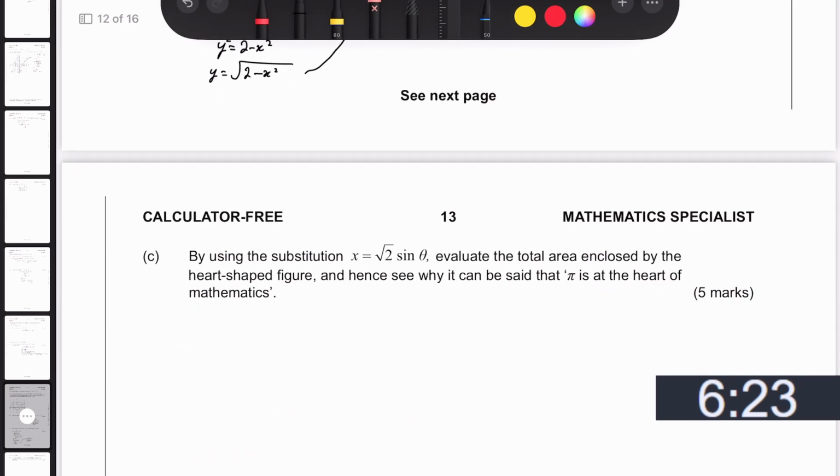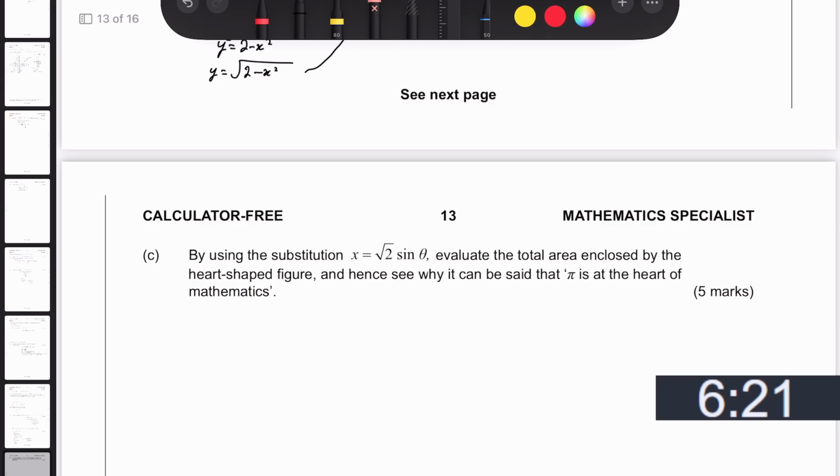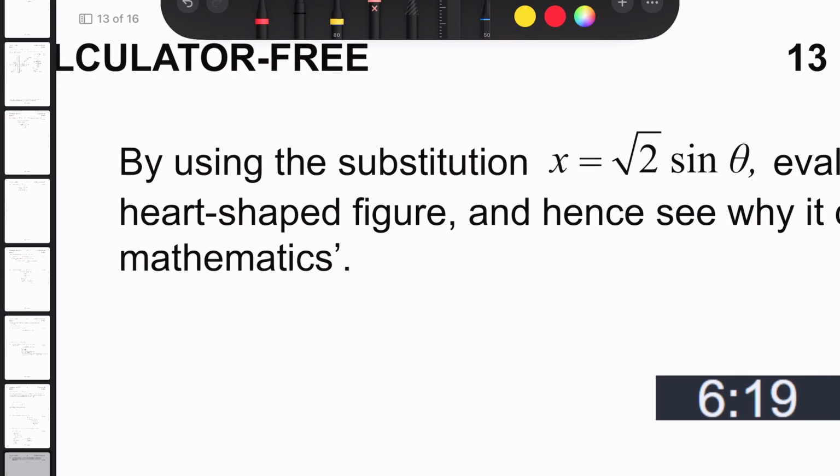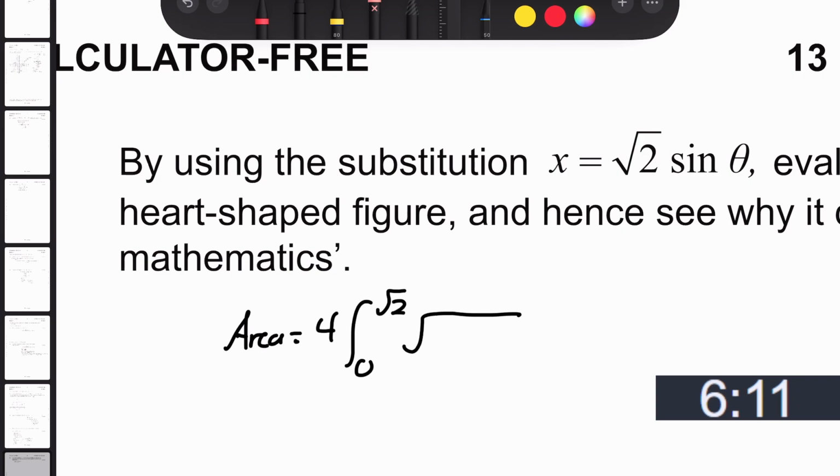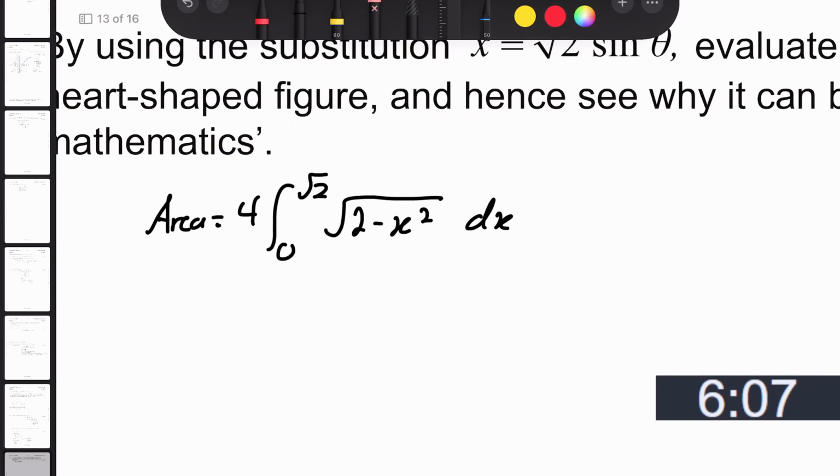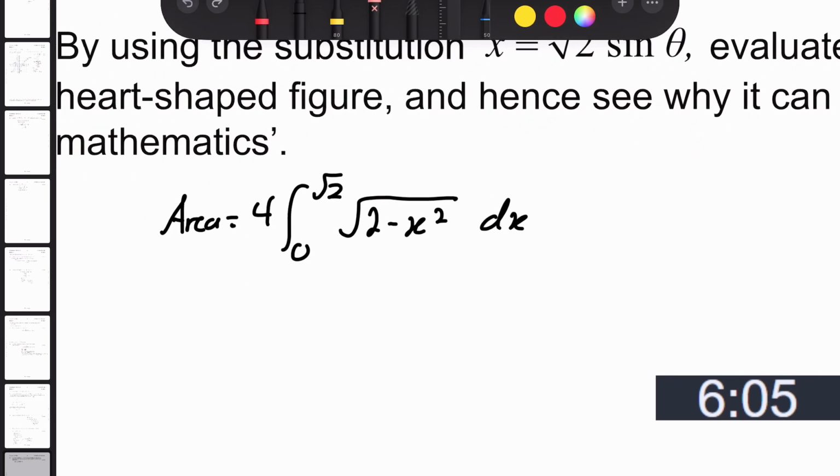Okay, 6 minutes left. Use the substitution x equals, right? So let's write the full thing. The integral of square root of 2 minus x squared dx. Let x equal square root of 2 sine of theta.